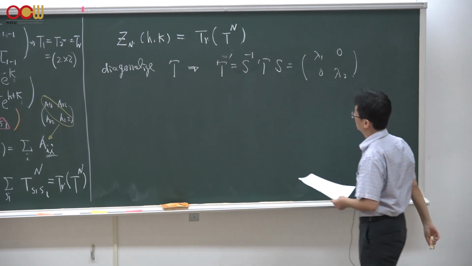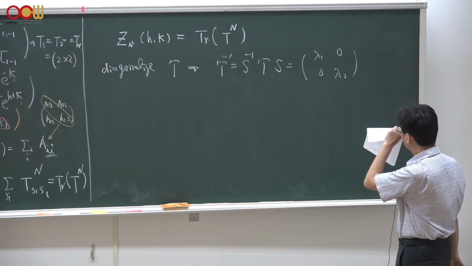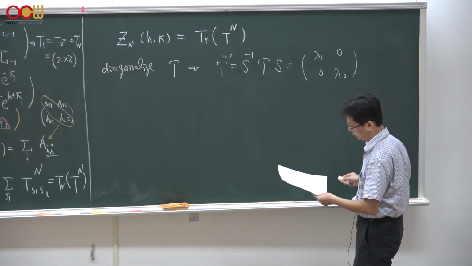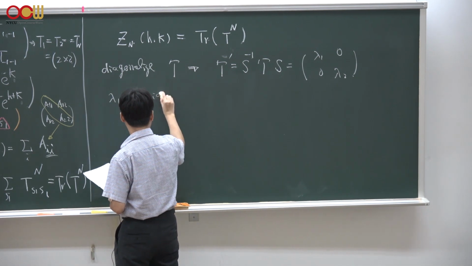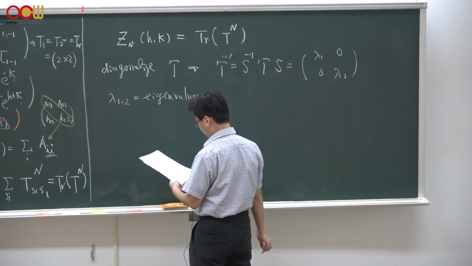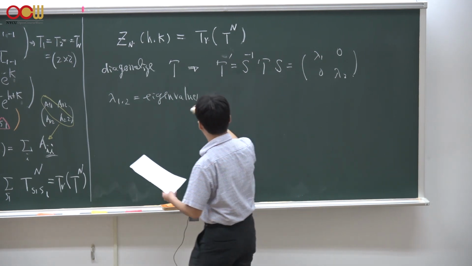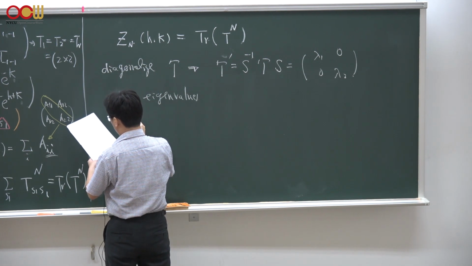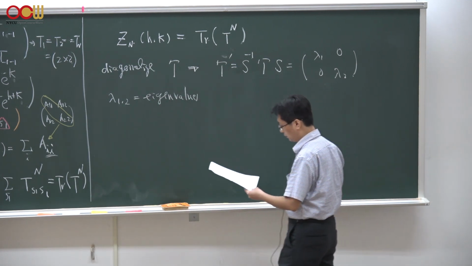In this case, it carries two diagonal matrix elements, which I call lambda 1 and lambda 2, and they are eigenvalues. We can very easily get these eigenvalues, but we will do that in just a moment. But let's first formally simplify this partition function even further. Suppose we can achieve that, and we certainly can in just a moment.